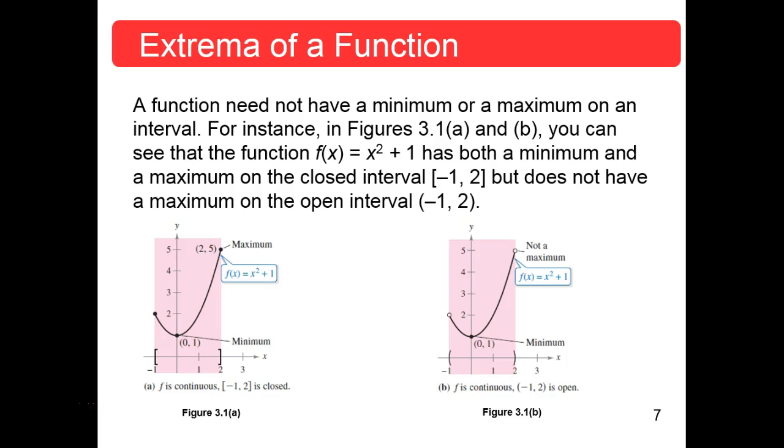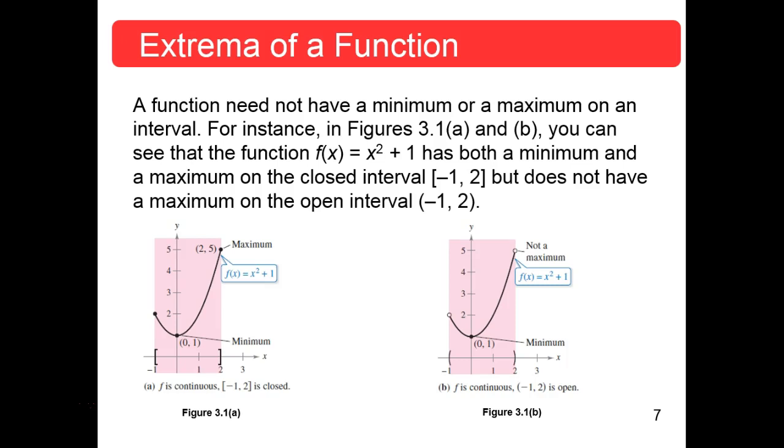So it's a continuous function on -1 to 2. When you include the endpoints, you put the brackets. Are y'all familiar with that? Brackets mean it's a closed interval. You're including the endpoints. If you have parentheses, that means the endpoints are excluded. You're not including the endpoints.